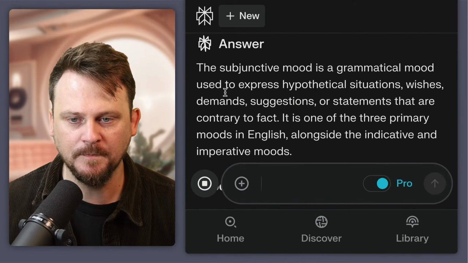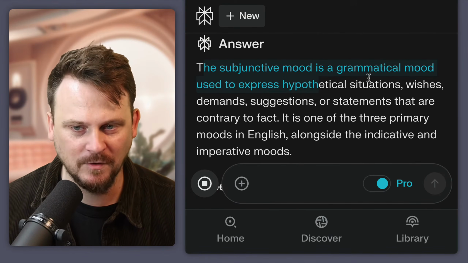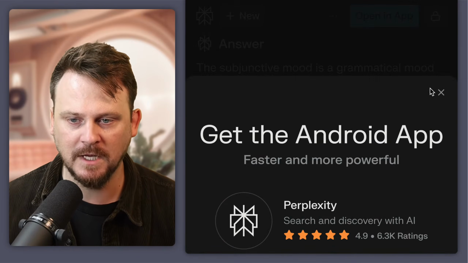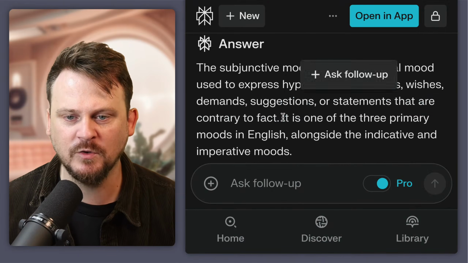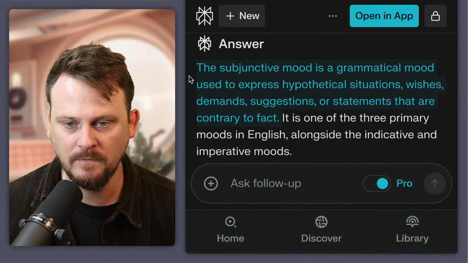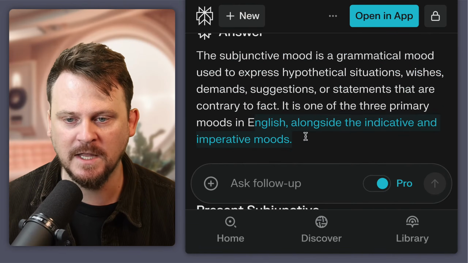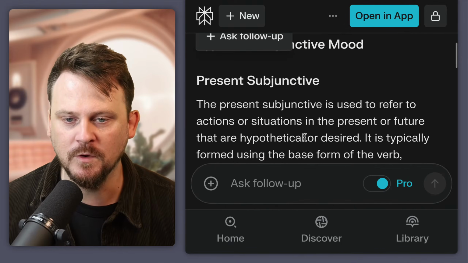The subjunctive mood is a grammatical mood used to express hypothetical situations, wishes, demands, suggestions, or statements that are contrary to fact. It is one of three primary moods in English alongside the indicative and imperative moods. Types of subjunctive mood.